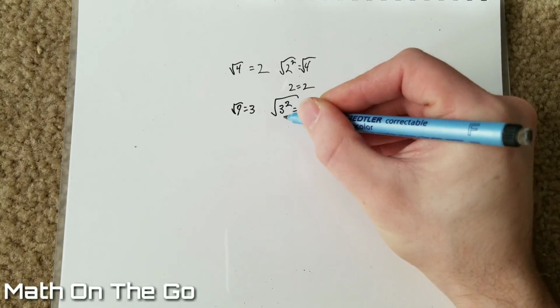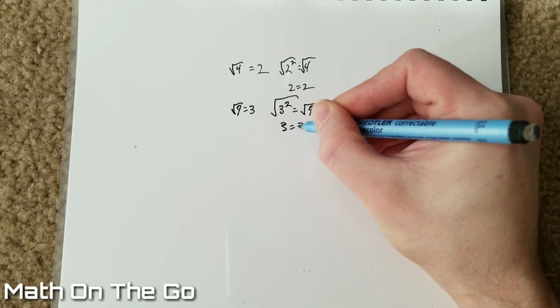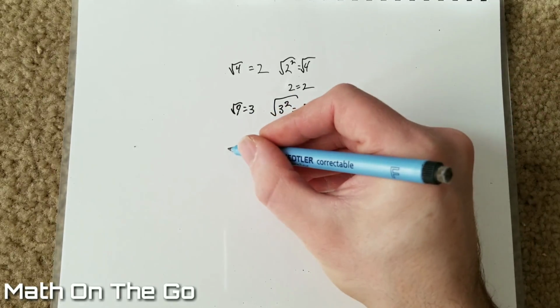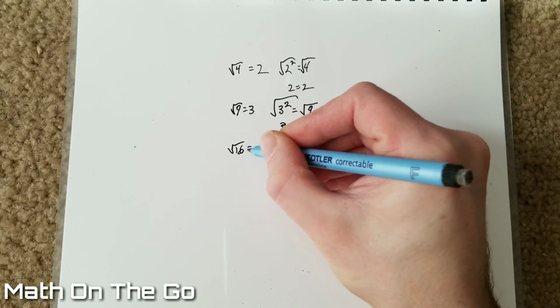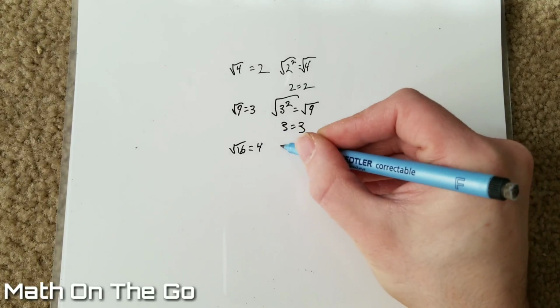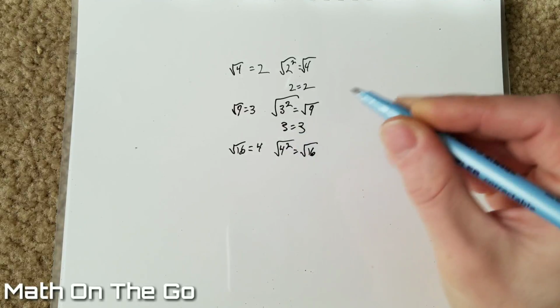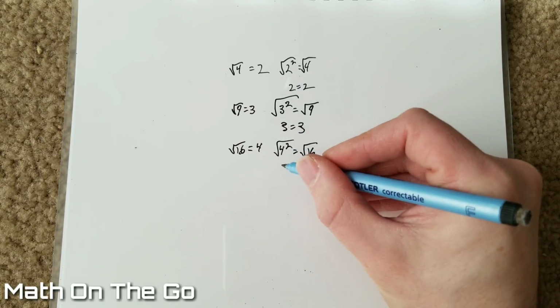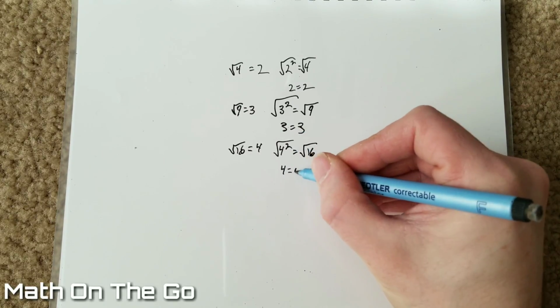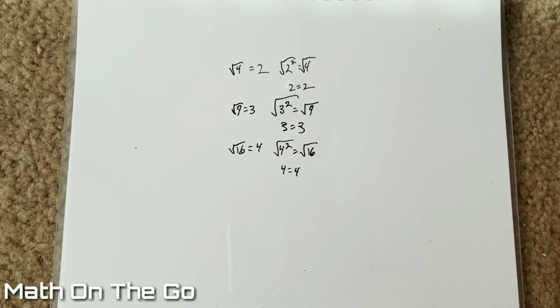Take the square root of that side, and you end up with 3 equals 3. Same with the square root of 16 equals 4 because 4 squared equals 16. Take the square root of both sides, and you end up with 4 equals 4, and so on and so forth.